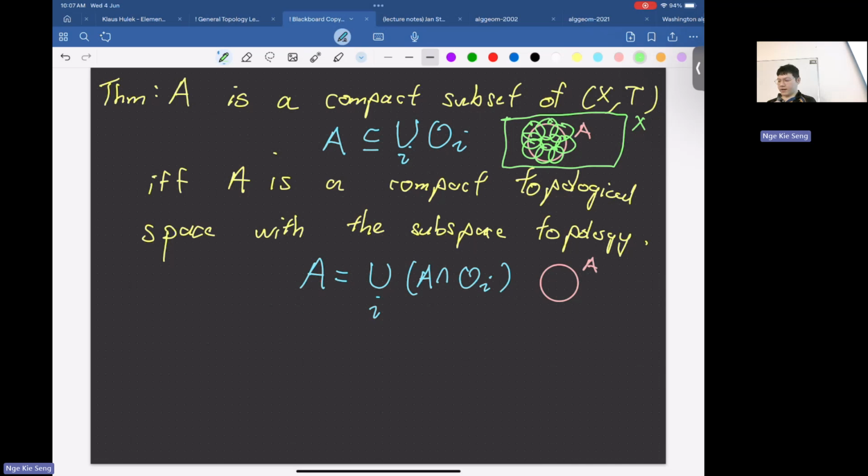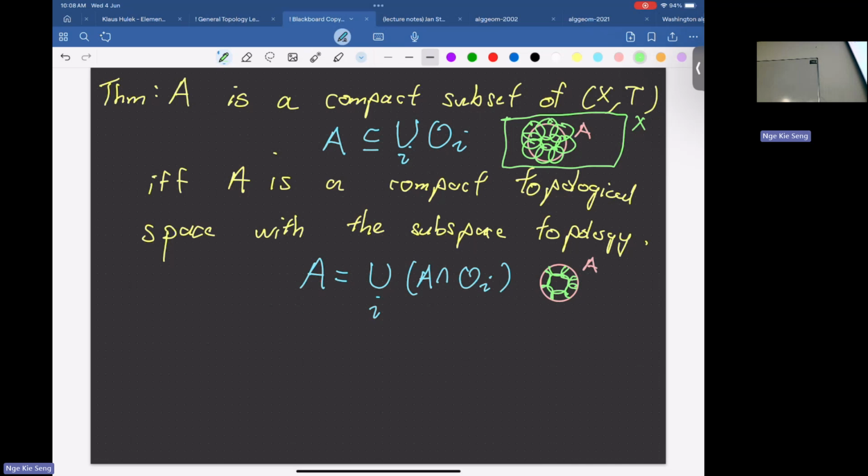But in the subspace A, we just take O_i intersect with A. Can you see a difference? The second picture here is just this O_i intersect with A, so it lies entirely inside it. Can you see?